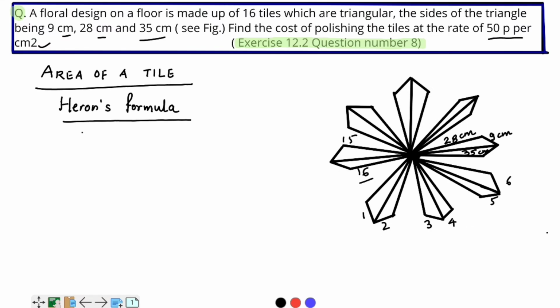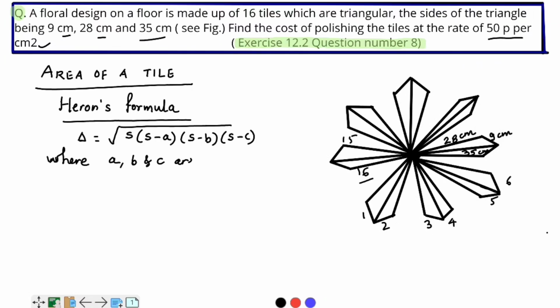What is the formula? Area of triangle equal to root over s into s minus a into s minus b into s minus c, where a, b and c are the sides of the triangle, and s is the semi-perimeter.